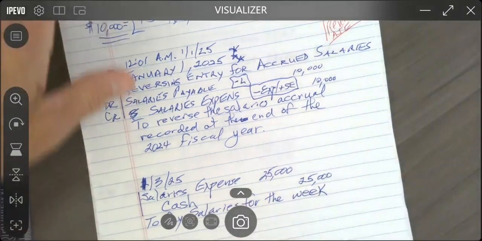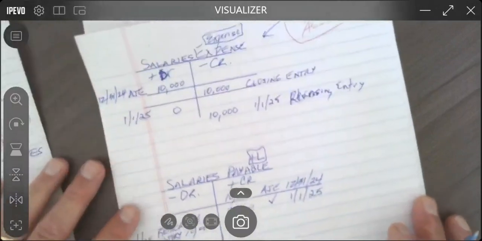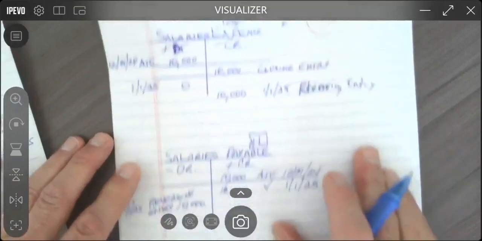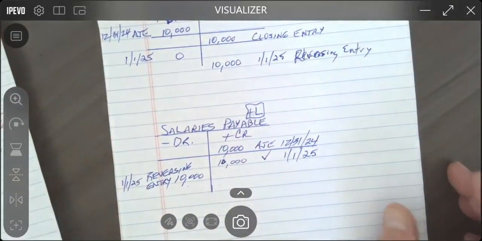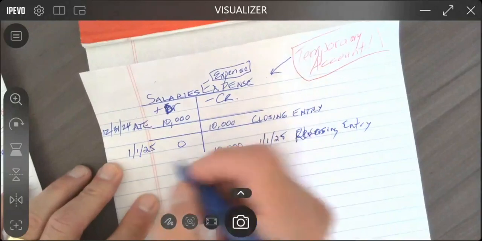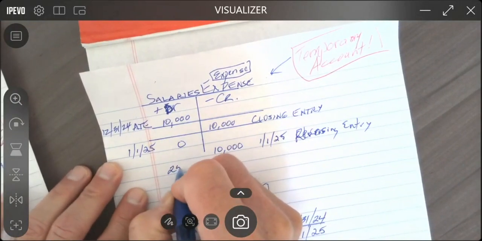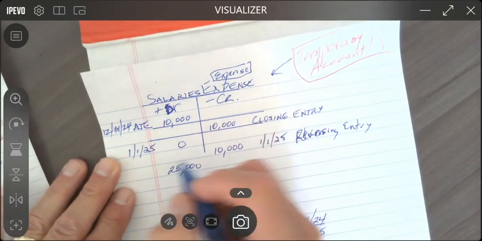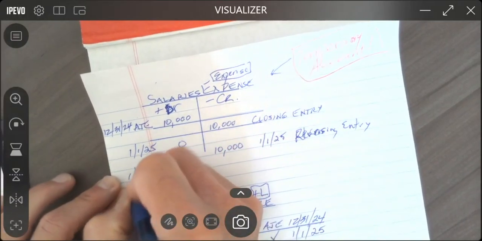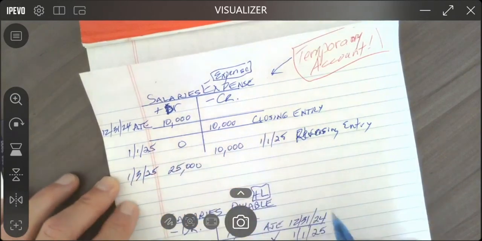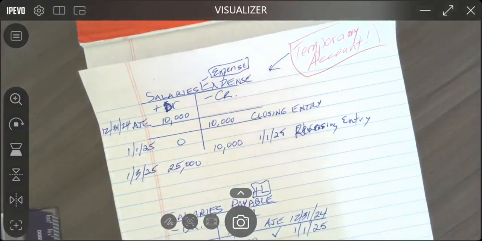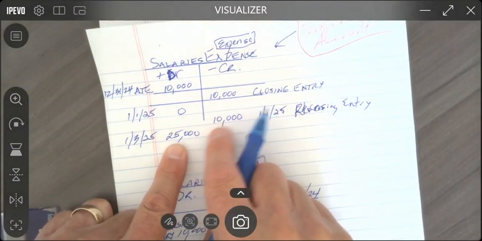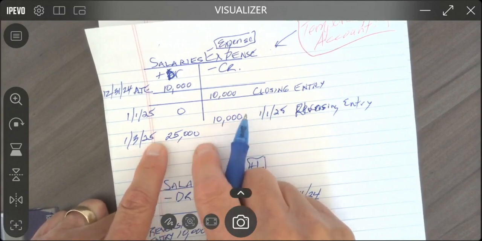Right. Now post that to those general ledgers, and we have, of course, the cash account that's getting credited. Just assume that happened. And we have the salaries expense getting debited. All right. Look at what just happened here. At this point in time, the balance in salaries expense is $15,000.